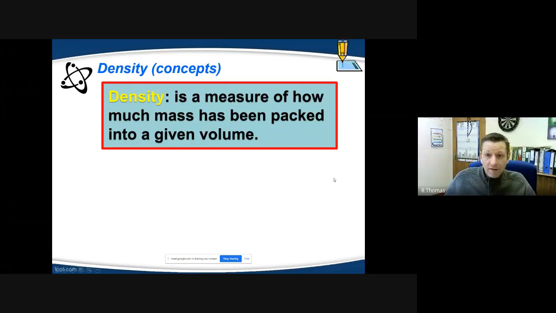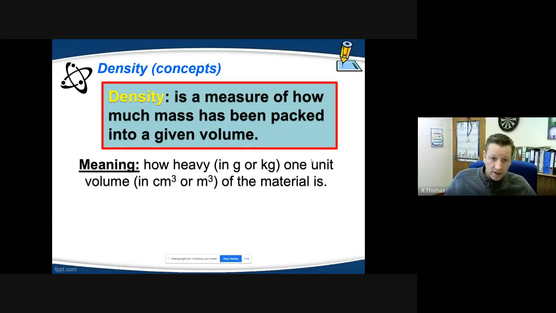So density is a measure of how much mass has been packed into a given volume. So there's those three words again: density, mass, and volume, okay? Which basically means how heavy one unit of volume of the material is. And of course, the reason we know different materials have different densities is if I had a block of, say, wood in one hand, but a block of concrete of the same volume in the other hand, the concrete would weigh more.